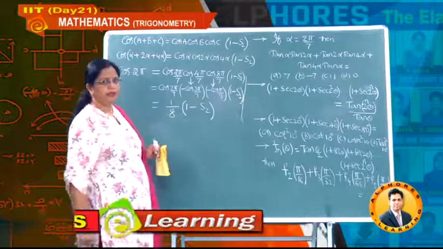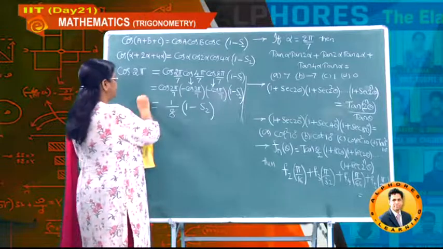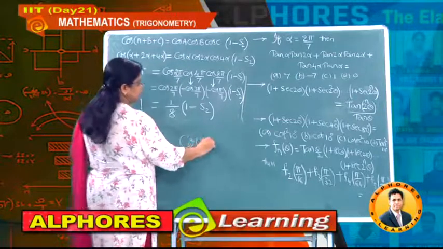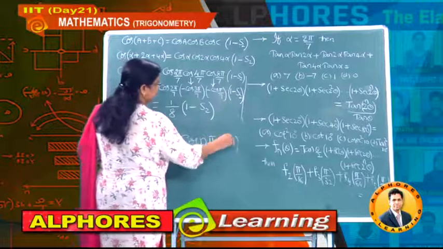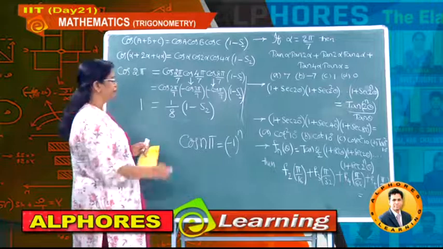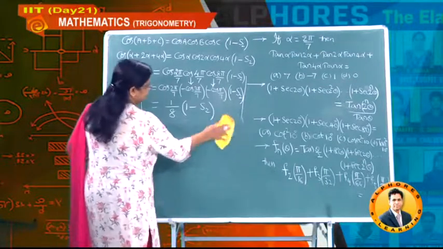Moreover, what about the left hand side? Cos 2 pi, an even multiple of pi, therefore your answer is 1. Our formula is cos n pi equals minus 1 whole to the power of n, where n is any integer. Then you got this. Now students, our interest is S2.